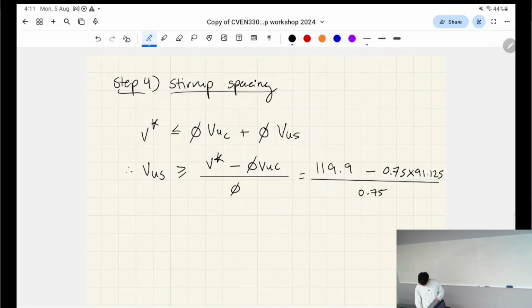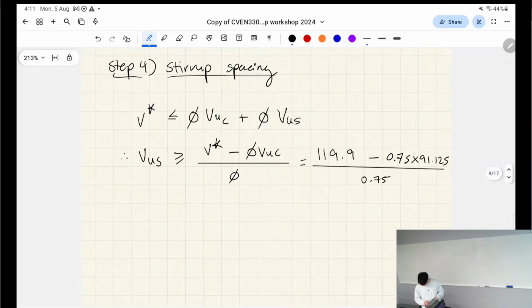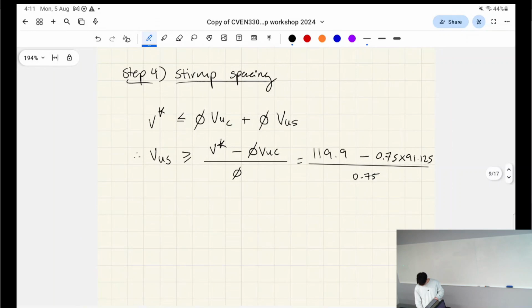And this number is 102.075 kilonewtons. What it's saying is, this is how much force the stirrups have to take in order for us to satisfy our condition, right?